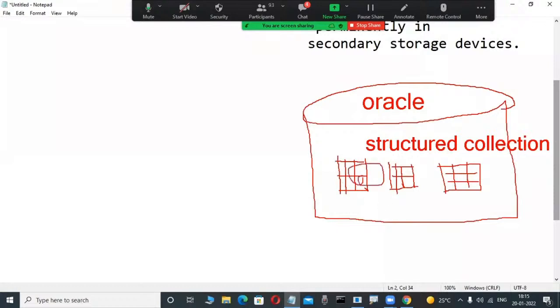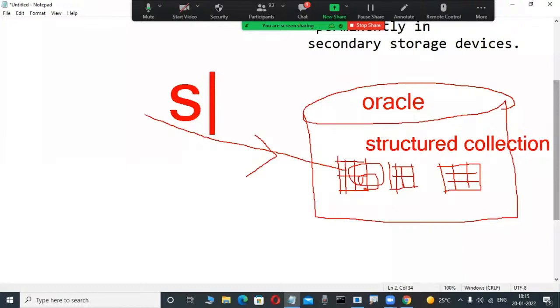Once a structured collection of data is there, to operate on this data some language is required. What is that language? Maybe anybody has an idea? SQL, structured query language. Through this language only we operate on the structured data in relational databases.